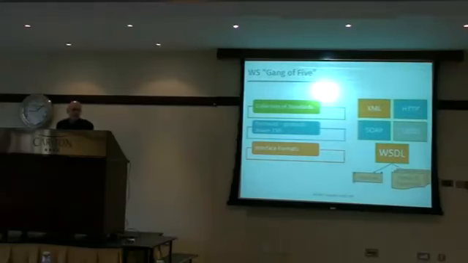Essentially this is what I term the gang of five for web services. We have XML, and this includes XML schema and XML namespaces for models, formats, and data types.